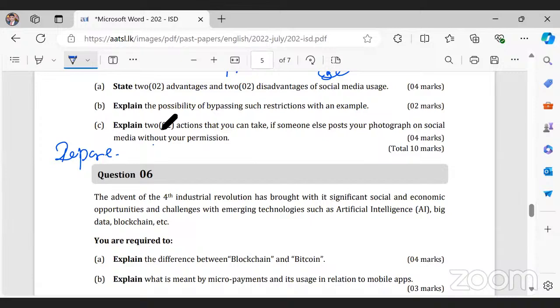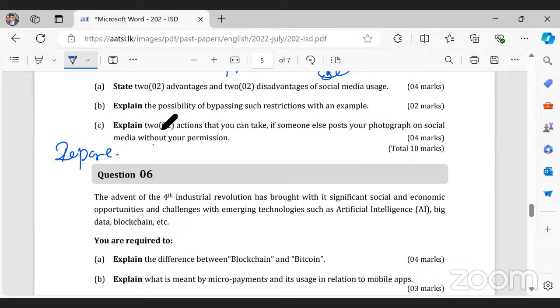Bitcoin is a decentralized digital currency. That's a form of digital currency without a central bank or single administrator that can be sent from one user to another on the peer-to-peer Bitcoin network without the need for intermediaries. I can send to you, you can send to me, but if I'm transferring money from one bank to another bank, there is an intermediary.